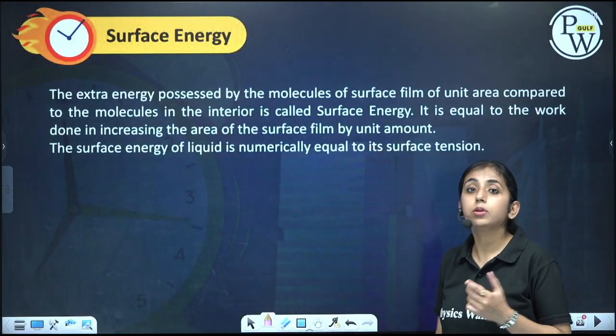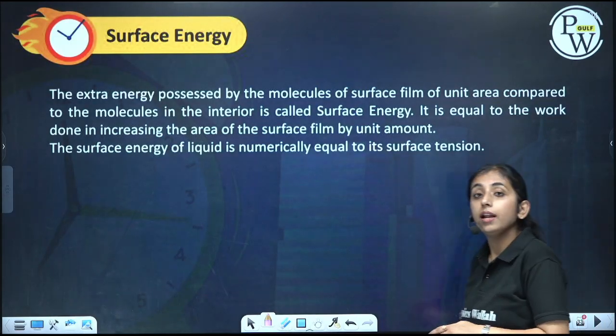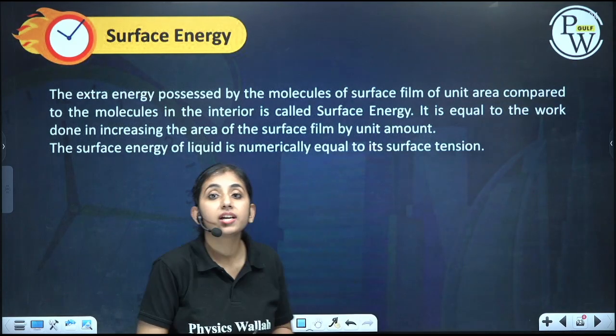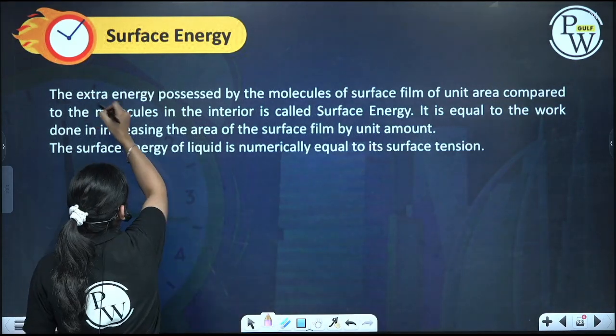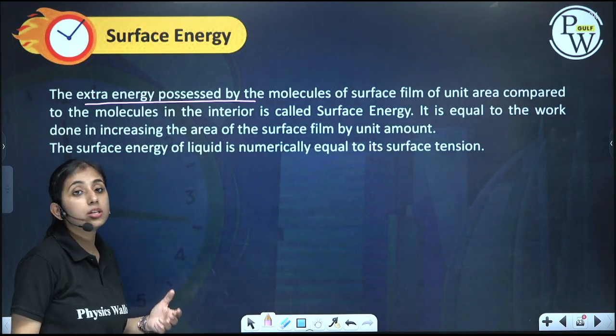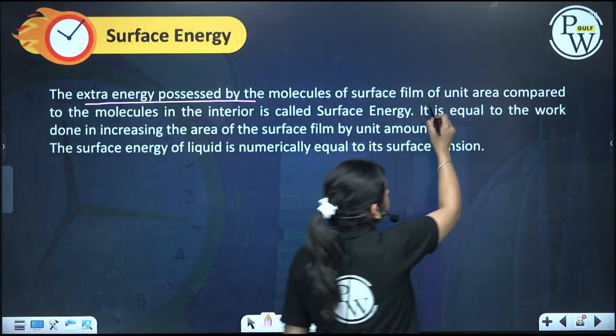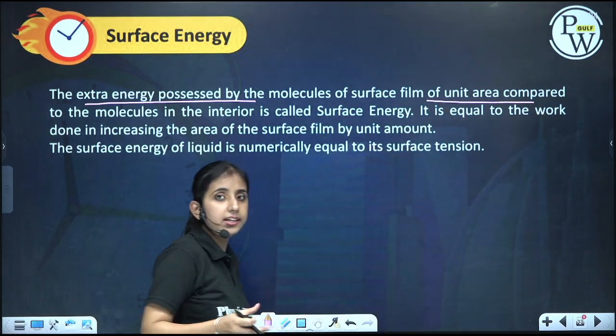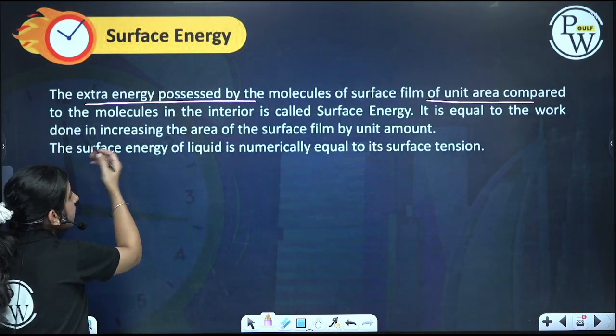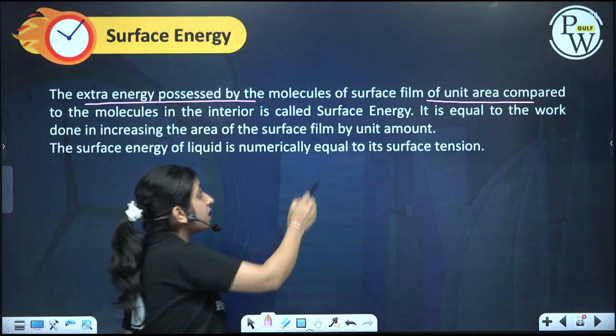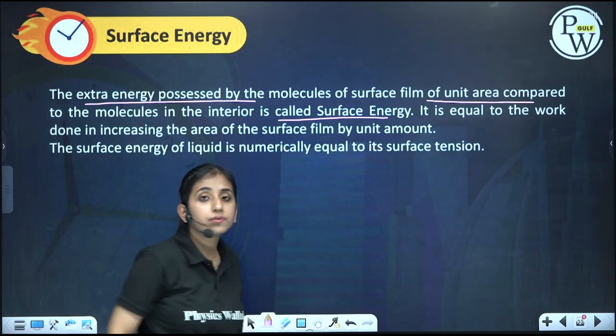Now let us come to surface energy. The molecules in the surface film possess extra energy. The extra energy possessed by the molecules of the surface film per unit area, as compared to the ones in the interior, is called surface energy.